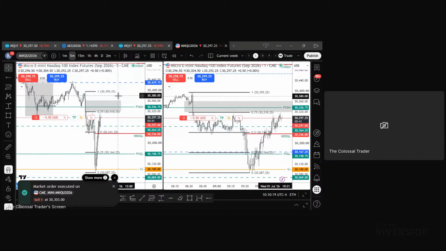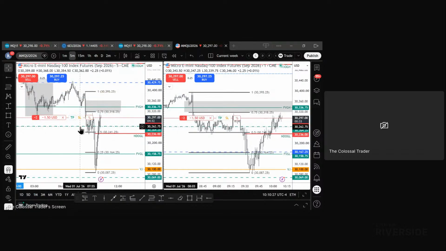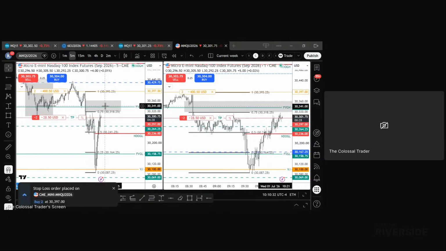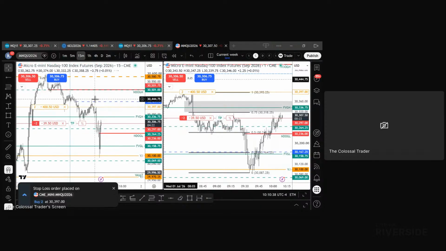I'd rather be in this trade than not in it. And our stop loss, again, I'm just gonna put it up here. So now it's risking $400. Yeah, we could have waited up here to be more precise. And it's likely gonna go there still. But on a 15-minute chart, I was right to be in a trade. You see it's already in there.